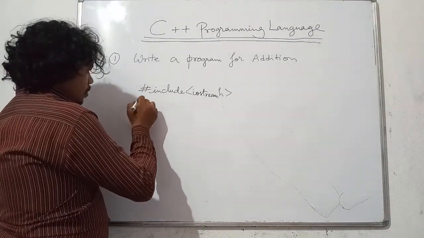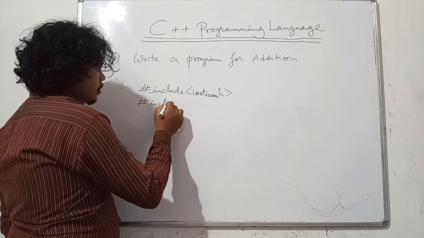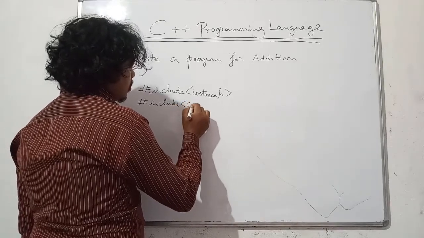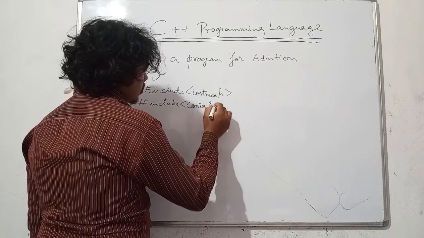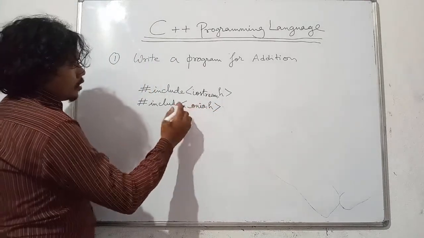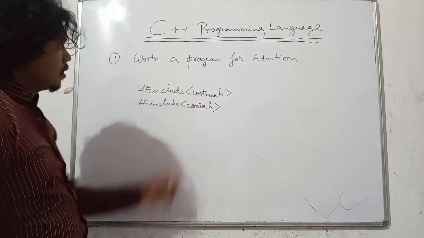Another include conio.h. C is capital. As you say, C is small c.